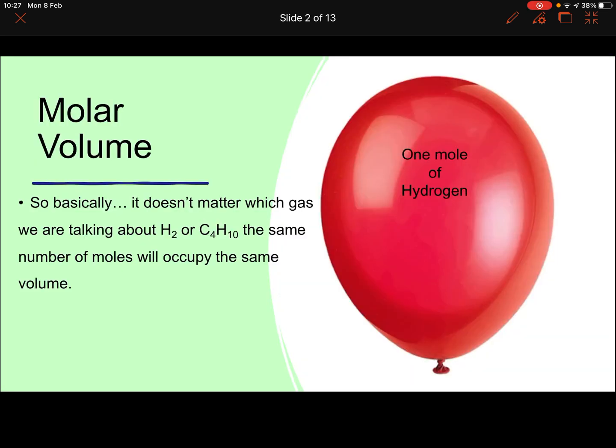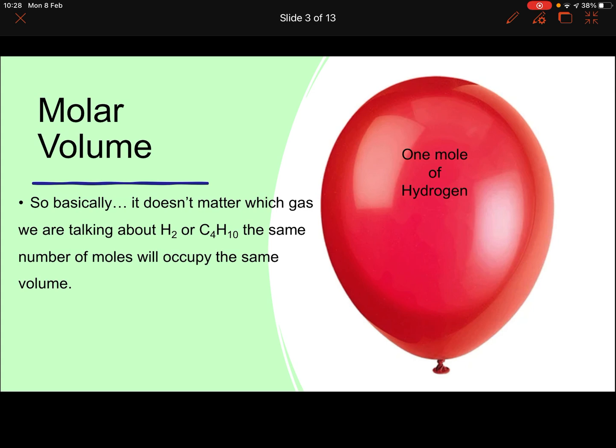So essentially what we're saying here is that it doesn't matter what gas we're talking about, if you've got the same number of moles, or the same number of molecules if you like, because remember, a mole is just a large number. So if you've got a dozen molecules of any gas, it will fill the same volume as any other gas.